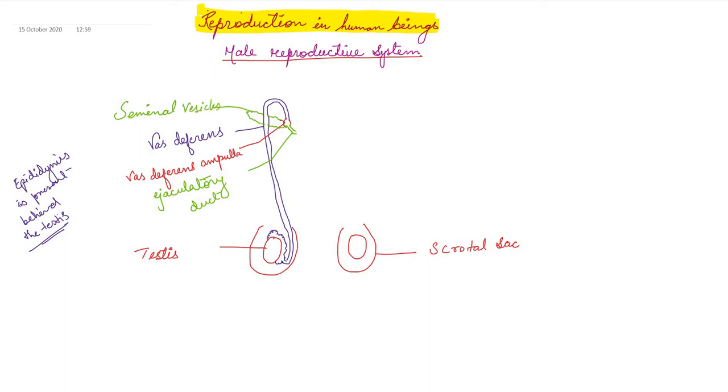These seminal vesicles open into a tube-like structure, which is the vas deferens, but at this stage this vas deferens is known as ejaculatory duct. Is that clear?